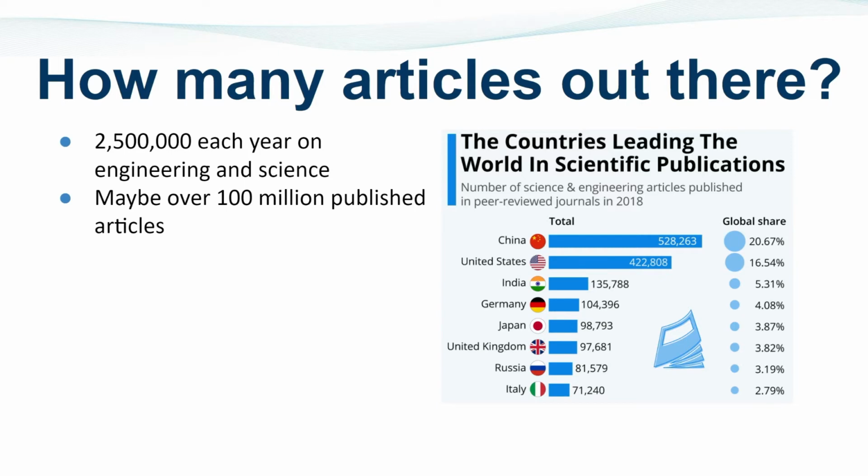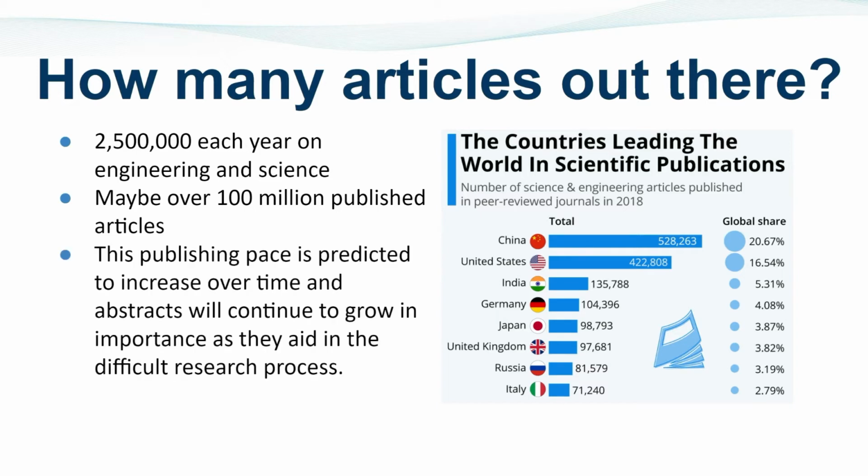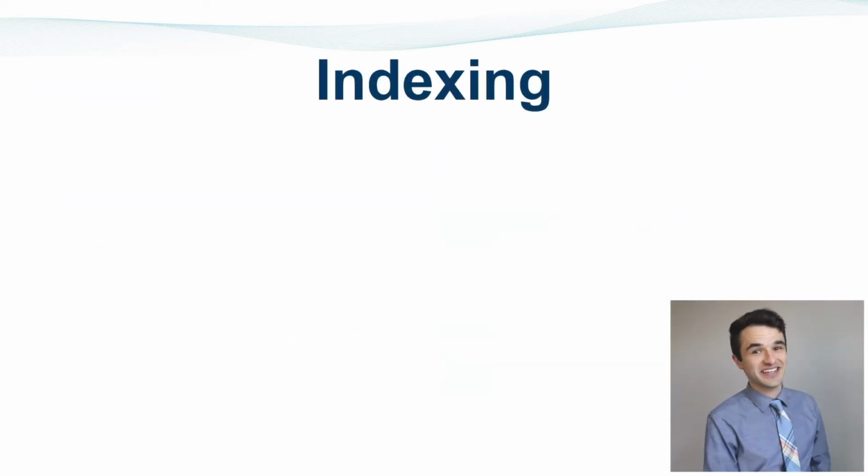And I don't know, maybe there are over 100 million papers published total. This publishing pace is predicted to increase over time, and abstracts will continue to grow in importance as they aid in the difficult research process. And because of this, we need to talk about indexing.